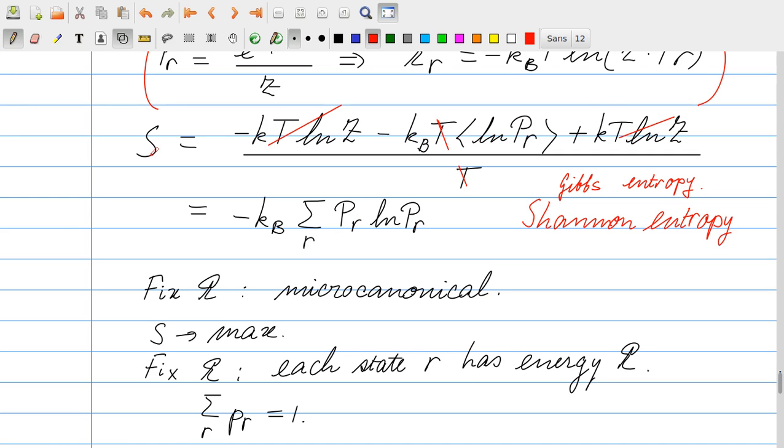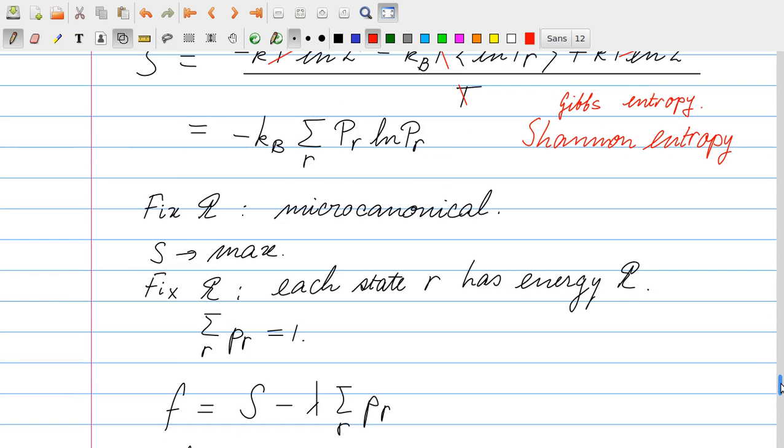And if we fix the energy, then we allow only states R at a fixed energy to participate in this sum over the number of states. But there is a catch here. We cannot just calculate the derivative of S, because there is a constraint which is to be imposed on these P_R's. And that constraint is that they should give us a normalized probability distribution.